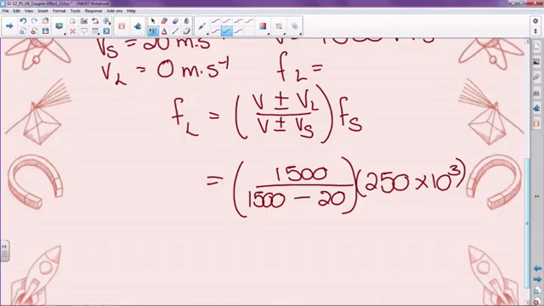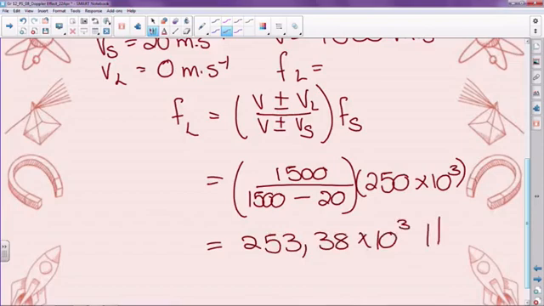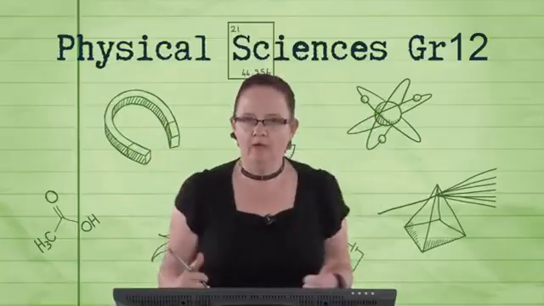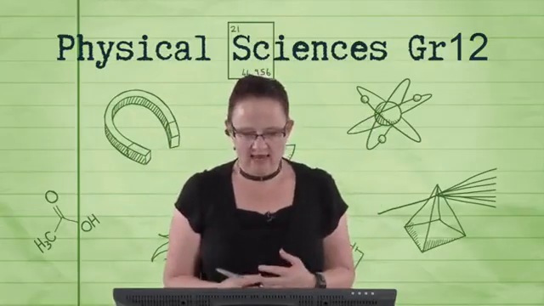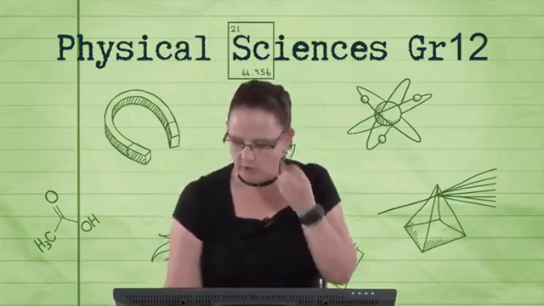So I'm actually going 1,500 divided by 1,480. I times it by my frequency, and this is what we get: 253,38 times 10 to the 3 hertz. An increase, that's exactly what we expected. We're happy. It's really just about deciding where we want to go.